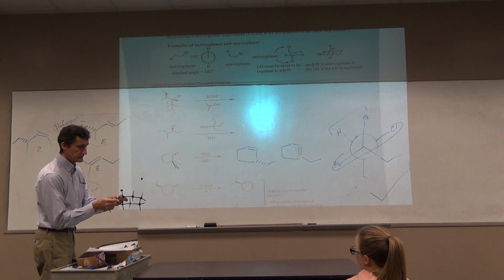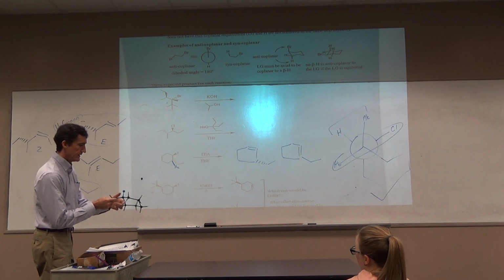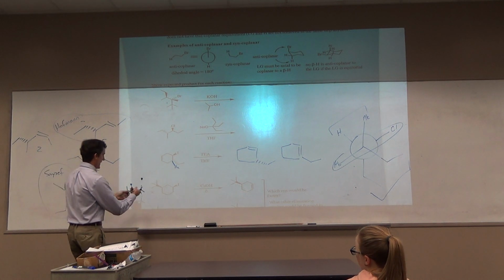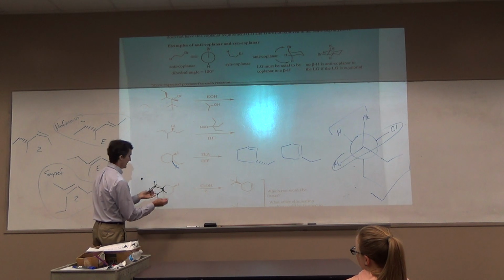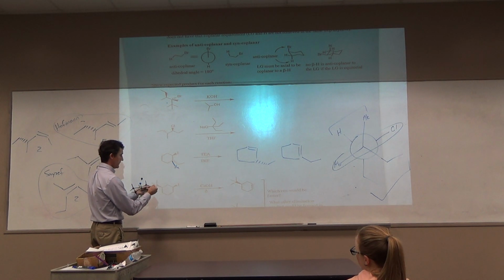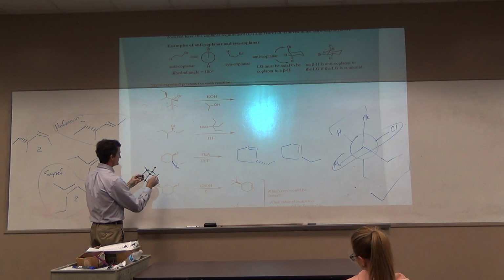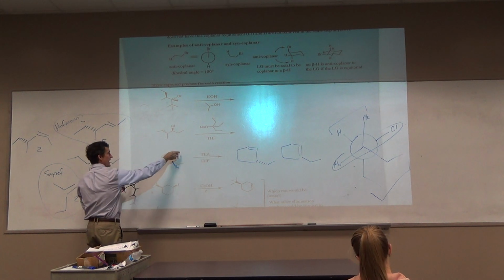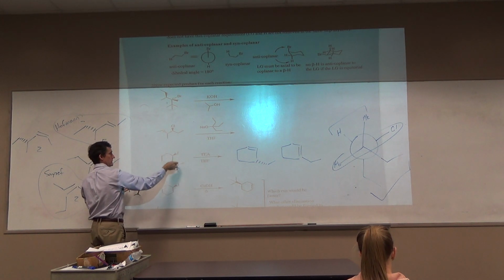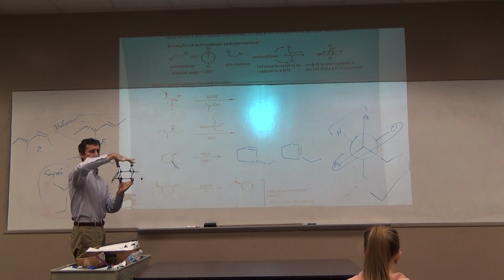We'll make this the ethyl, although it's an alkyl group. The iodine, make it red. The H and the I are cis, correct? The red and blue are cis.